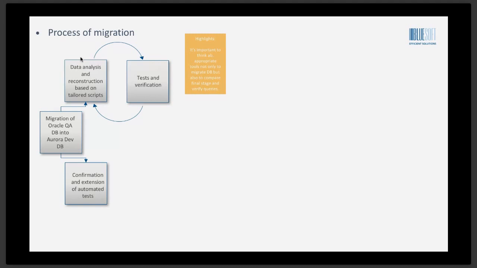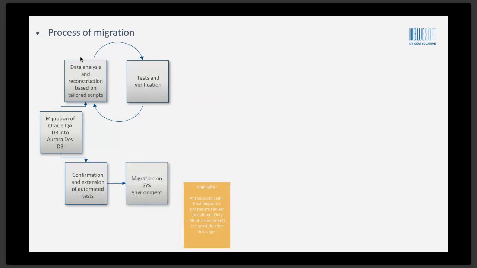Once again, just to highlight that it's quite important to have an appropriate tool set to verify if you've got what you expected and that you've created a proper migration procedure. So you are ready for the first proper test, which should be done on the SYS environment. We've done it.